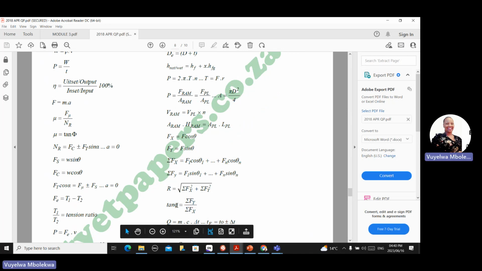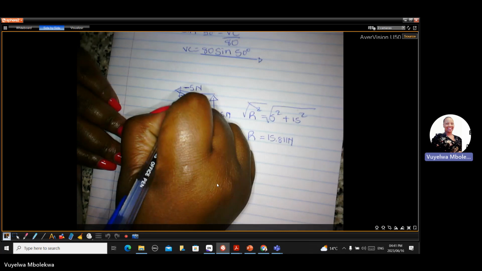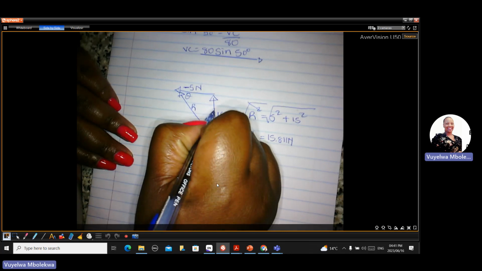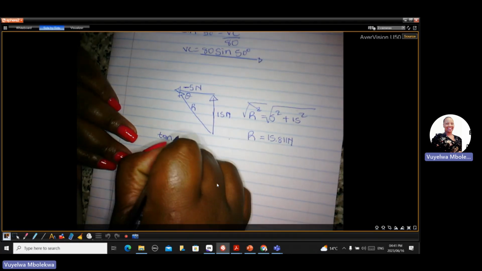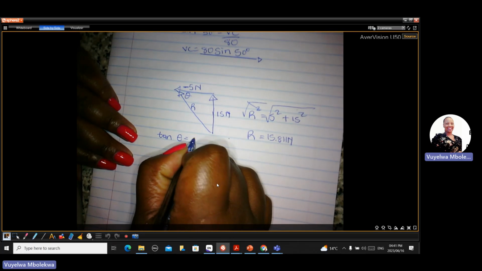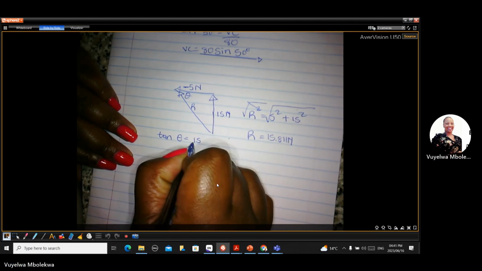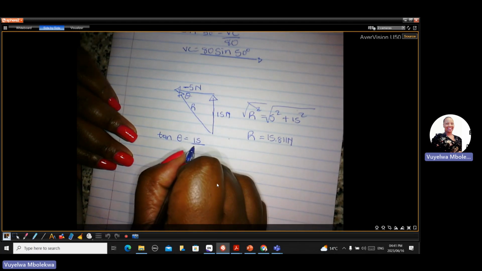So the formula says that tan theta equals the sum of the vertical components divided by the sum of the horizontal components. Which means that the angle is here. It's always this angle, okay? Because tan theta equals opposite over adjacent.